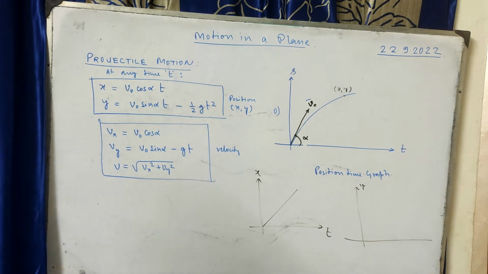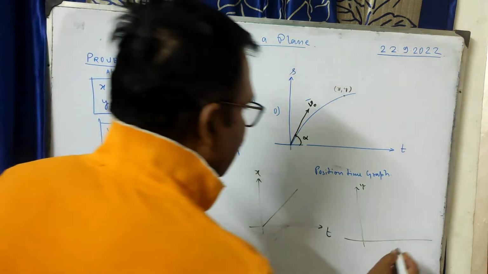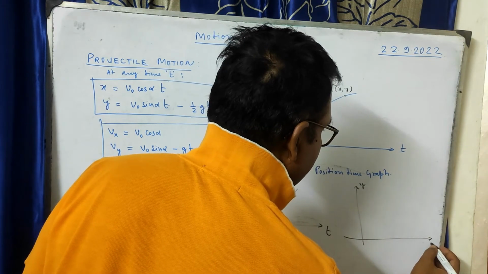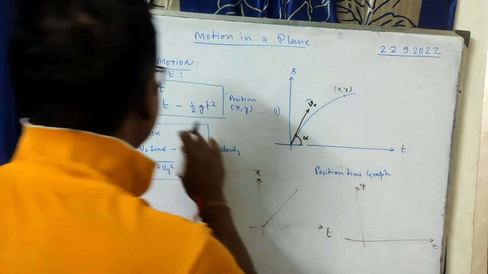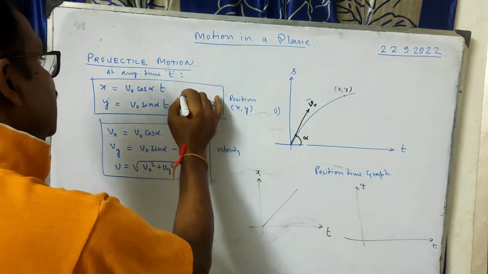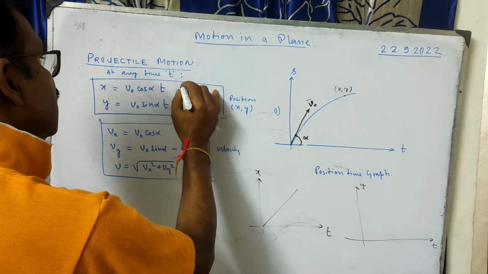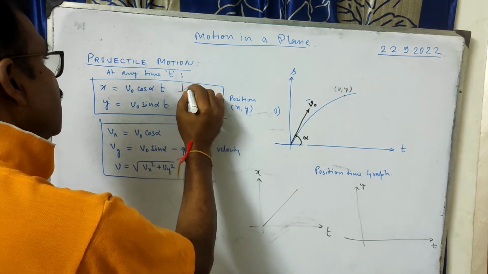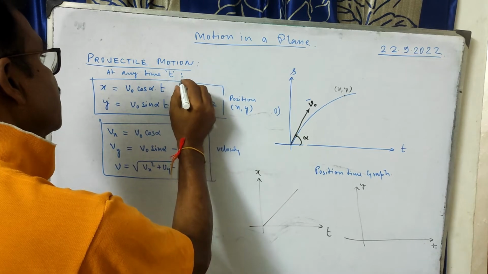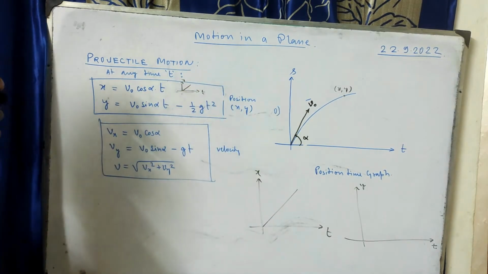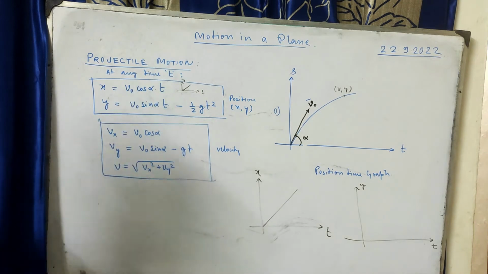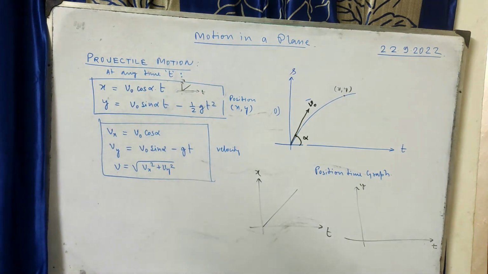Whenever an equation contains a square term or more than one power, it will be a curve. So definitely this will become a curve. This is a straight line, and this will be like this. This is your t, this is your x. So this will be linear. This angle will vary depending upon v0 and cos alpha.